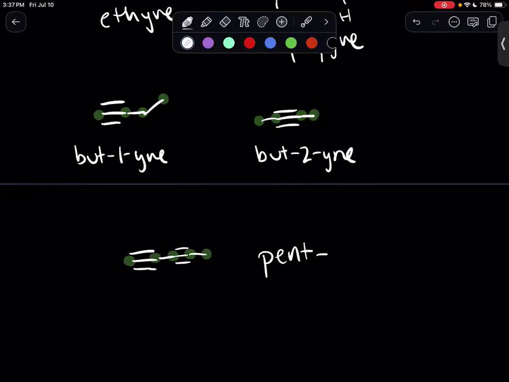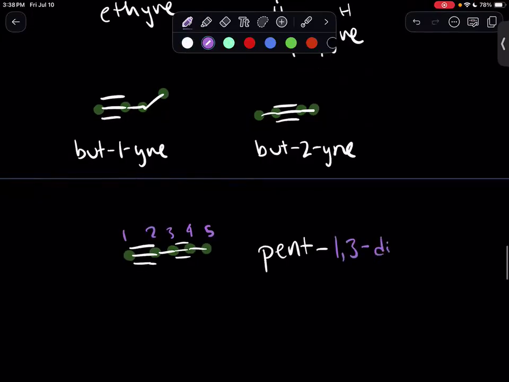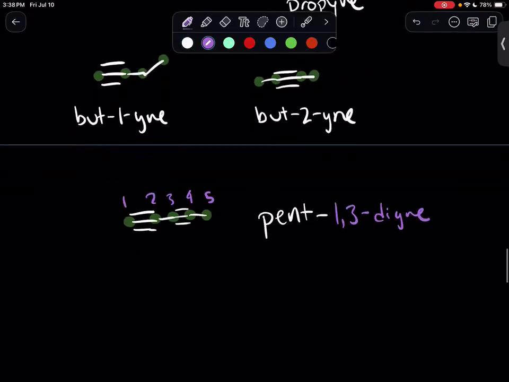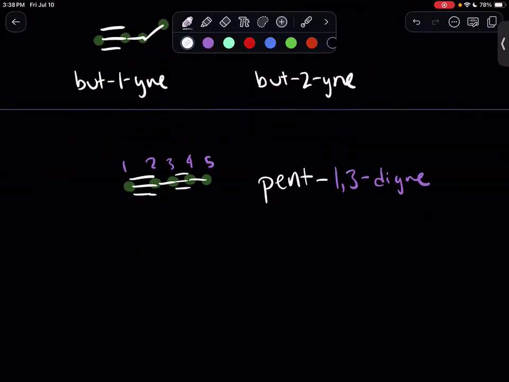We have on our first carbon, second carbon, third carbon, fourth carbon, and fifth carbon. So we have pent-1,3-diyne. So this is how we make sure that we are labeling every single piece of our organic compound. All right. So that is alkynes.